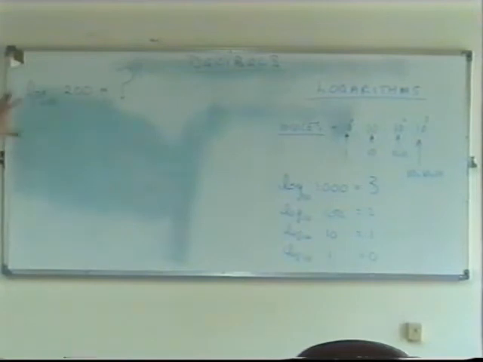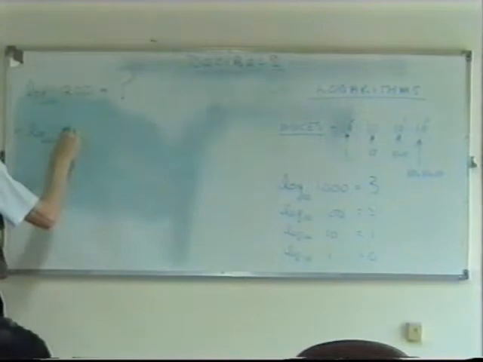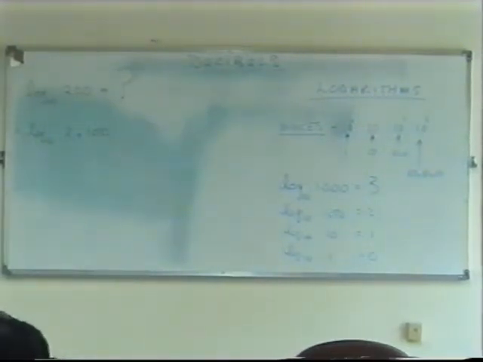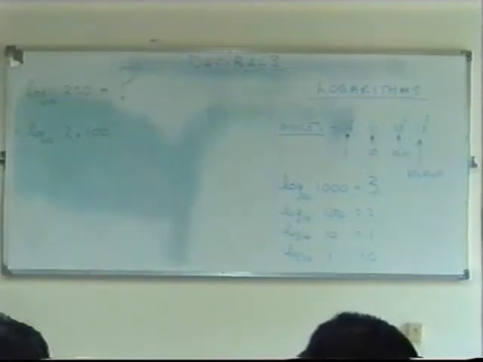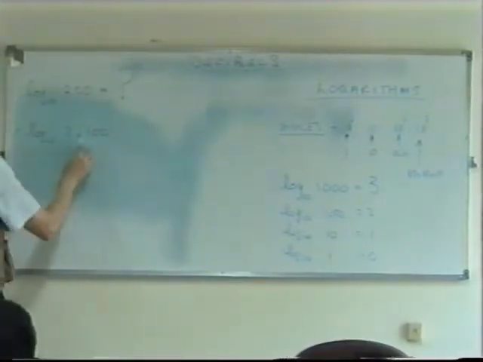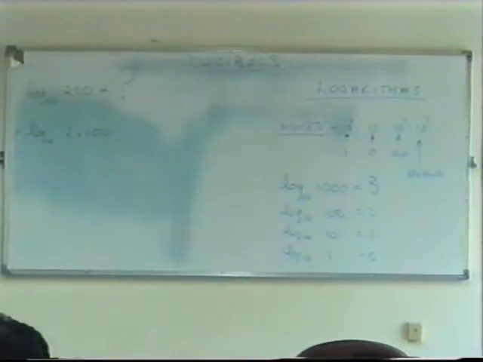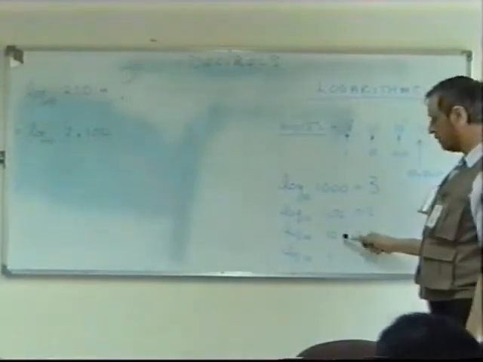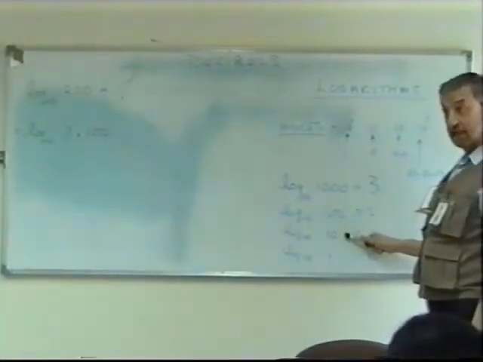Okay, we can rewrite this in a different way, couldn't we? This is the same as saying it's the logarithm of 2 multiplied by 100, isn't it? If you multiply two numbers together, you can add their logarithms. For example, 100 multiplied by 10 gives me 1,000, doesn't it?